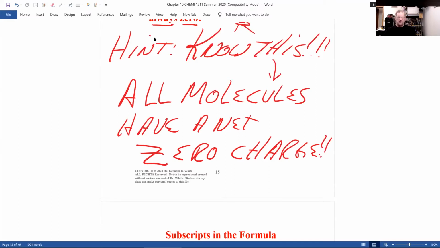All molecules have a net zero charge. That means the ions have to neutralize or balance each other out. For those who are taking notes, write this down.